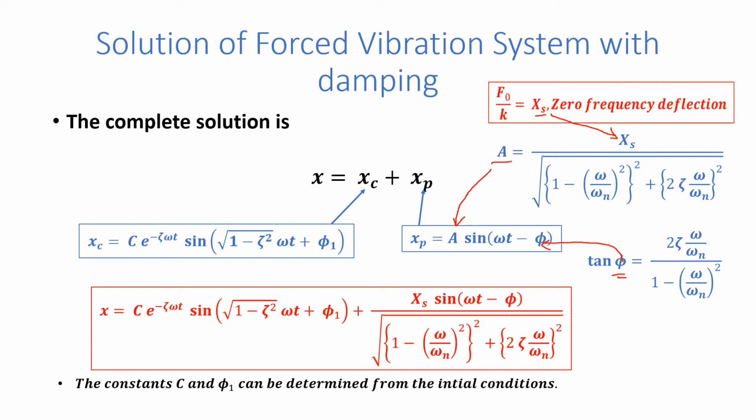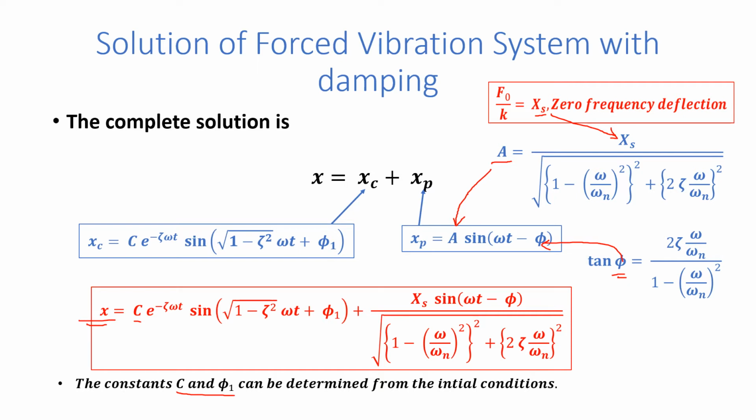Now we had the particular solution, we put it and we get the complete solution. We have already done it. For initial period C constant and phi 1 can be determined from the initial conditions. The transient vibration is there for a very small period of time and it ultimately vanishes.